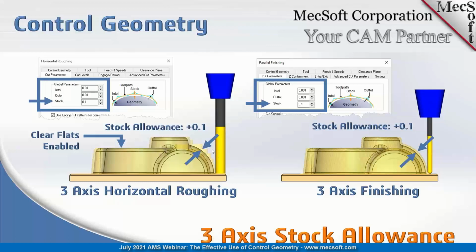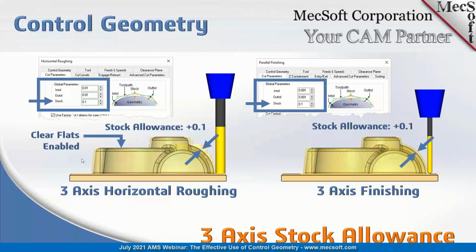And in the example here, you can see that 0.1 is calculated at the closest point of your step level to your actual part surface. So if you set it to 0.1, the cutter's not going to get any closer than 0.1 to your part, based on your in tolerance and out tolerance.